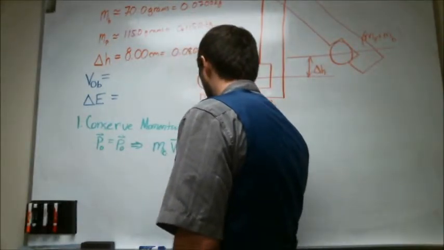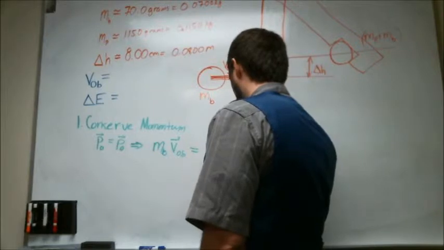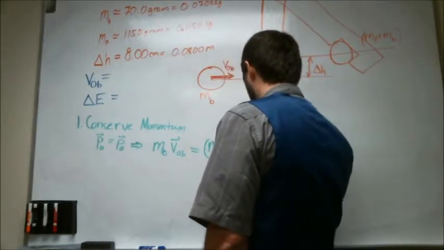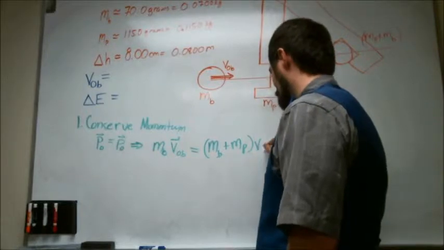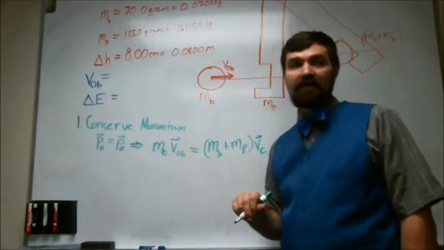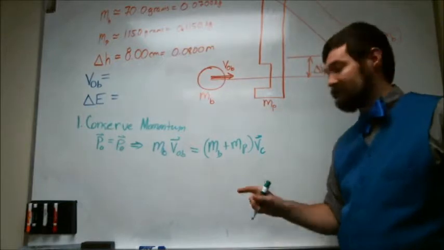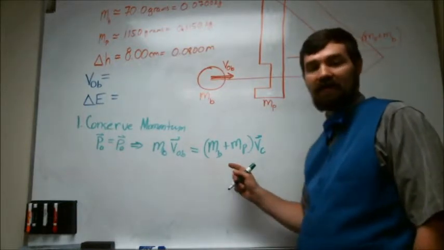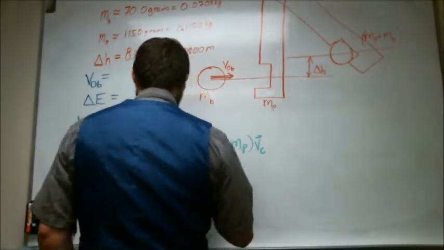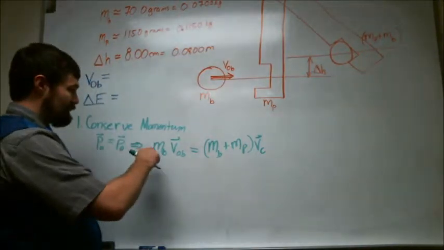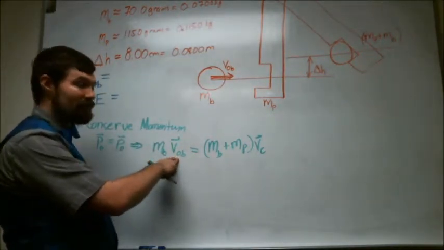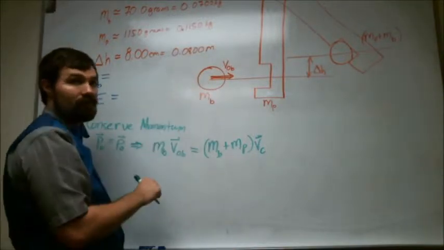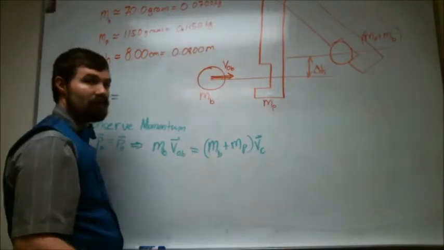Since they are stuck together, their velocity will be the same. They move together, and therefore they have the same velocity as each other. So I can solve for the initial velocity of the projectile in terms of this collision velocity.